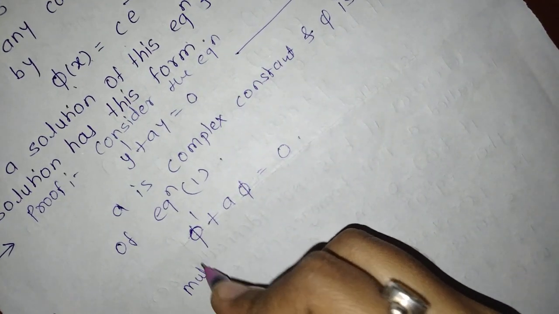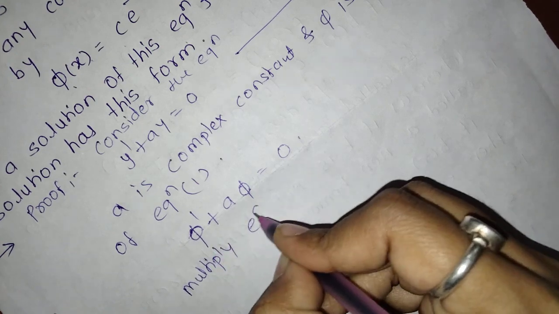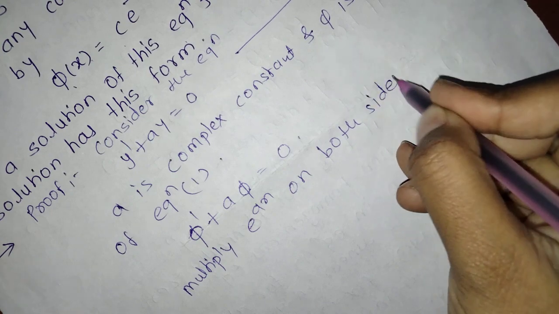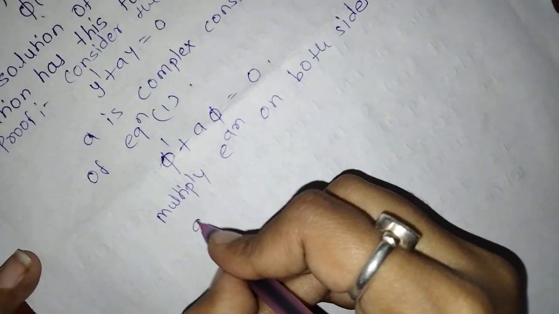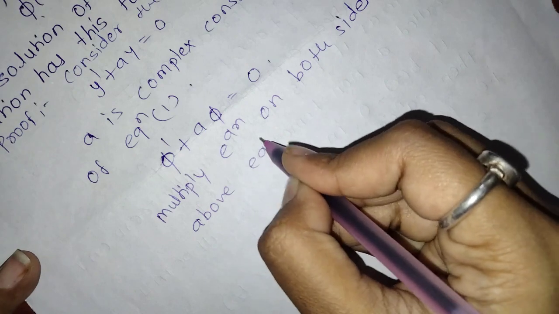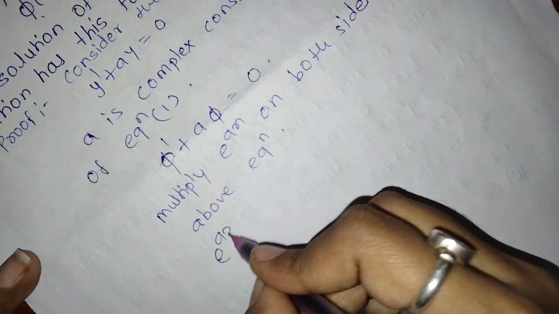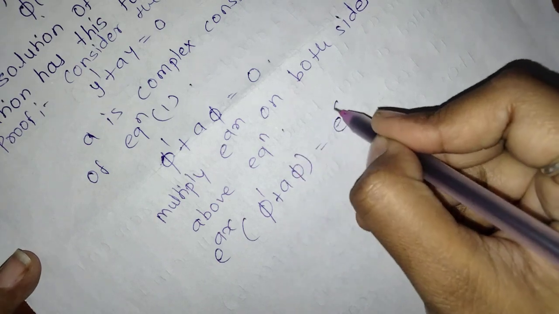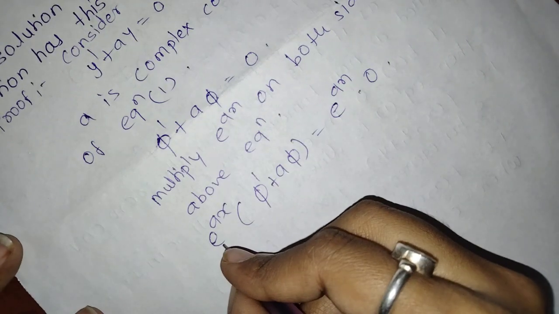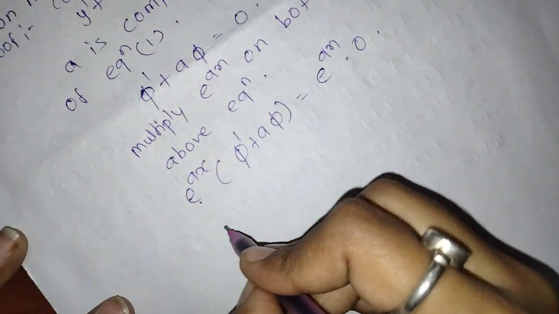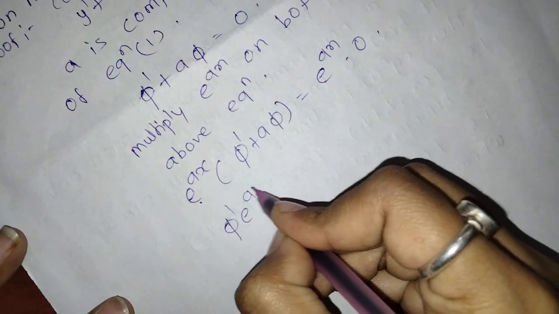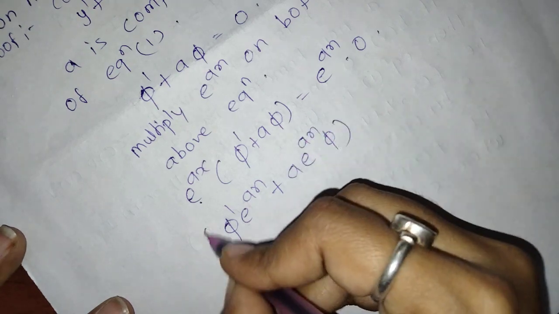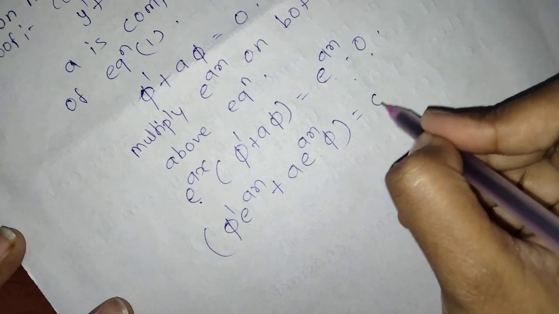Now multiply e^(ax) on both sides of the above equation. We get e^(ax)(phi' + a phi) = e^(ax) times 0. Multiplying, we get phi' e^(ax) + a e^(ax) phi, and e^(ax) times 0 is 0.